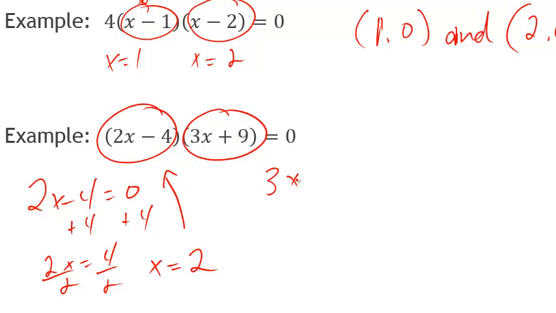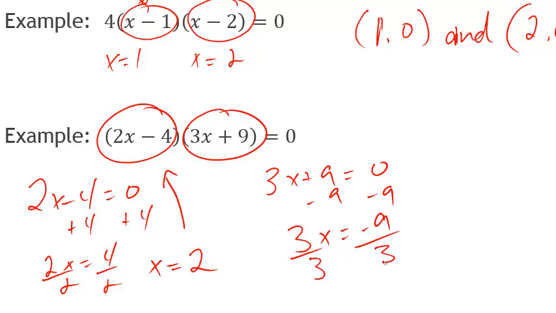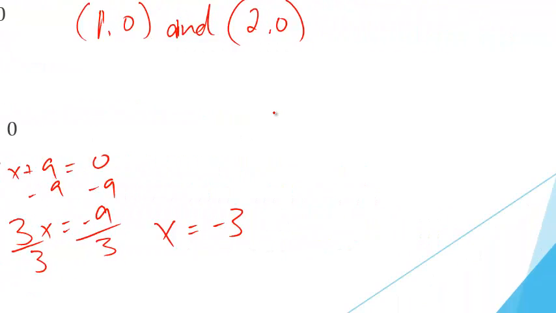So 3x plus 9. Let's decide what x needs to be for the equation to equal 0. So set it equal to 0. So minus 9 both sides. It's going to be 3x equals negative 9. Then divide by 3 to get x by itself. And we're going to have x equals negative 3. So our roots would be 2, 0, and negative 3, 0.